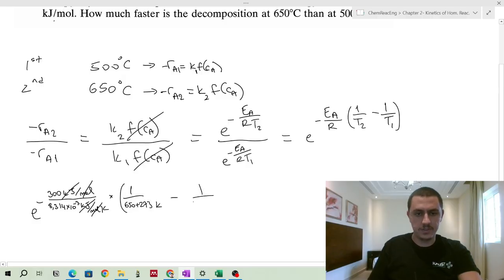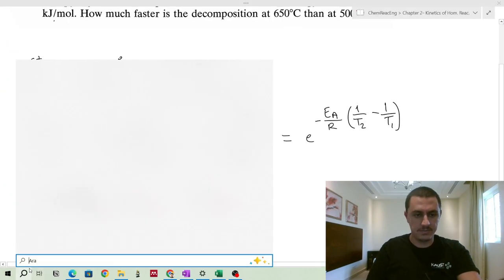Minus 1 over 773 Kelvin if you add 273 to 500. So those Kelvin terms will also cancel each other. So you have only a rate, okay? With no units. You will have just compare relatively how much faster. So we have a unitless thing, right? Just a number.